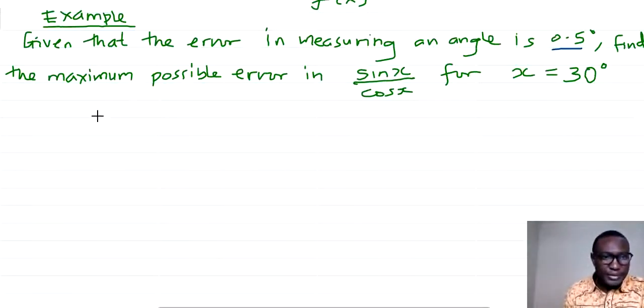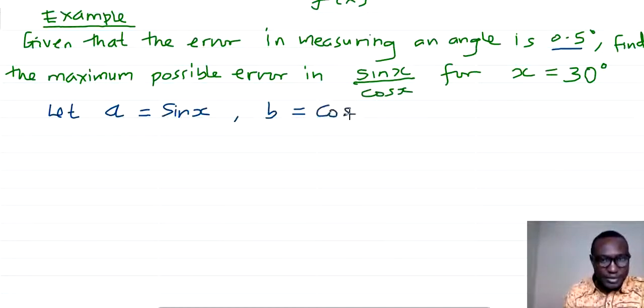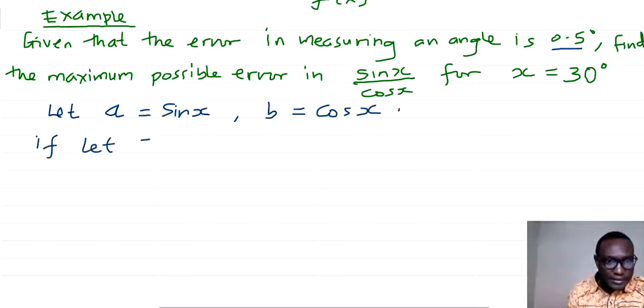I will start by saying let smaller a be equal to the function sin x and smaller b be equal to the function cos x, such that if we let z be equal to a over b, we shall be referring to this.